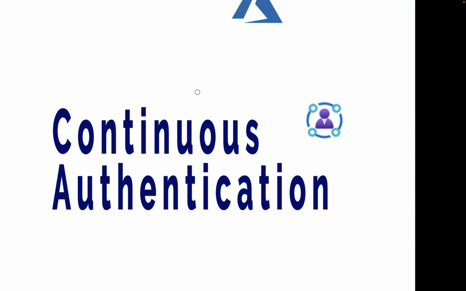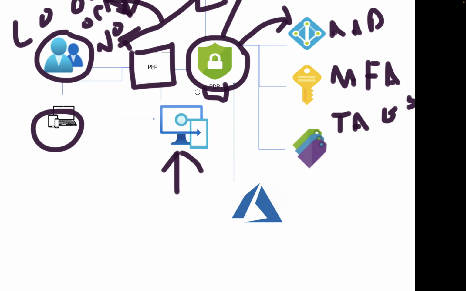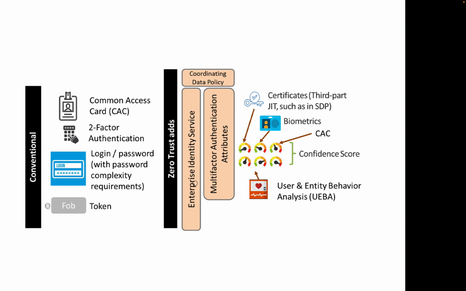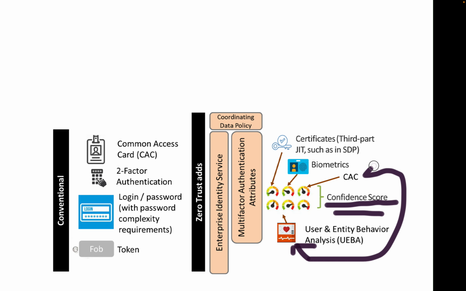So let's talk about continuous authentication, because I kind of alluded to that right now. Right, our Microsoft Defender is going to say, are you cool or are you not cool? And what decides if people are cool or not cool is your confidence score. Microsoft Defender is going to be watching our users, and at any given moment, they could say, hey, you're not cool. By judging these base attributes, how are they logging in?